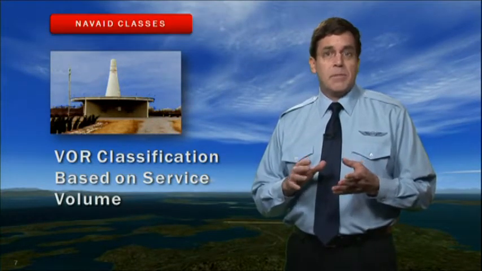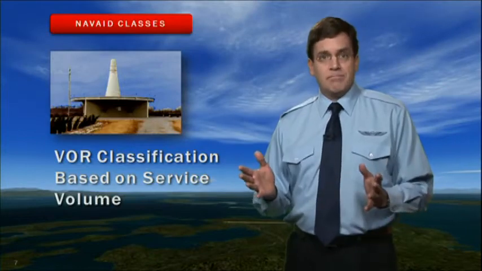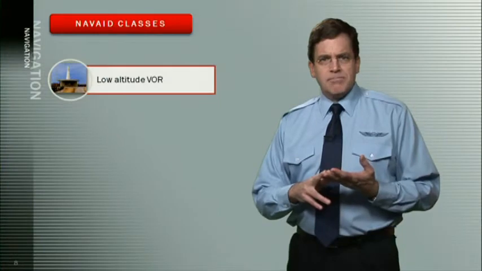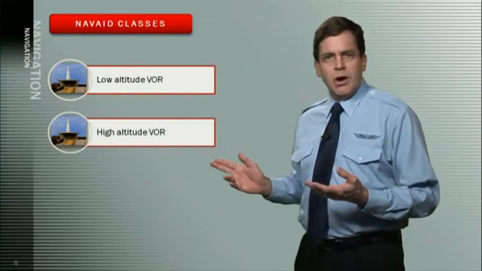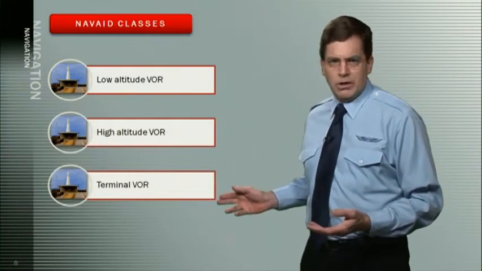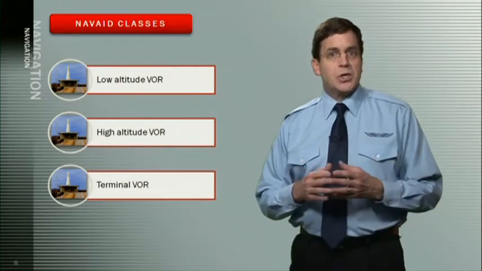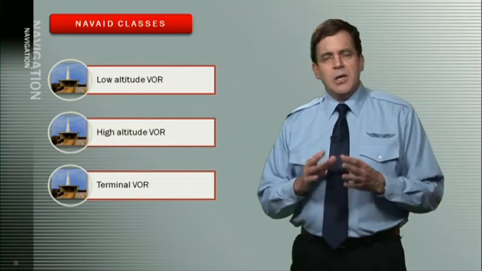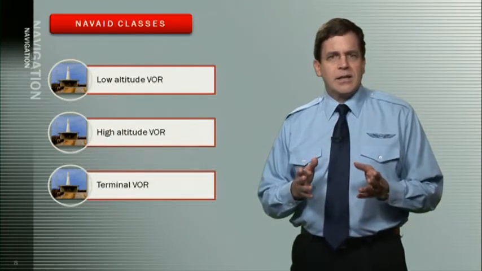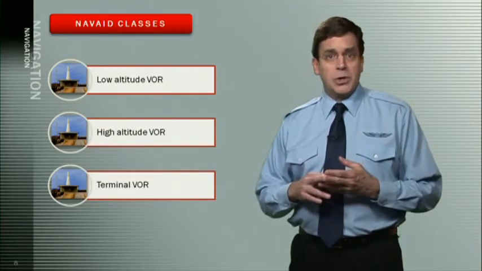VORs are installed in several levels of strength based on service volume. These are the low altitude VORs, the high altitude VORs, and the terminal VORs. There are many approved charts and publications showing VOR classes. You can identify a VOR class by the markings that we're going to show you here.